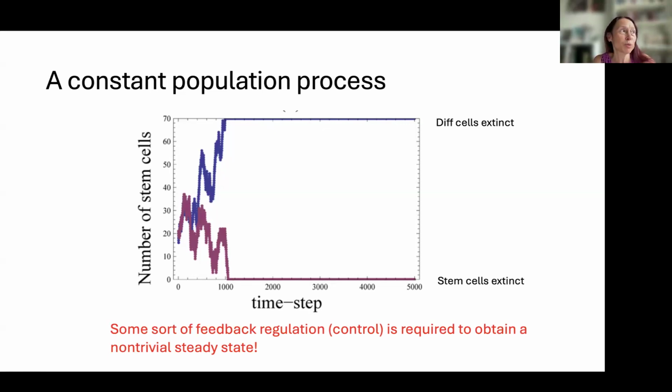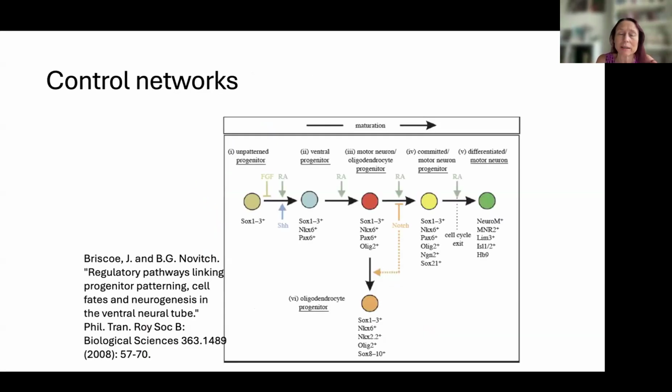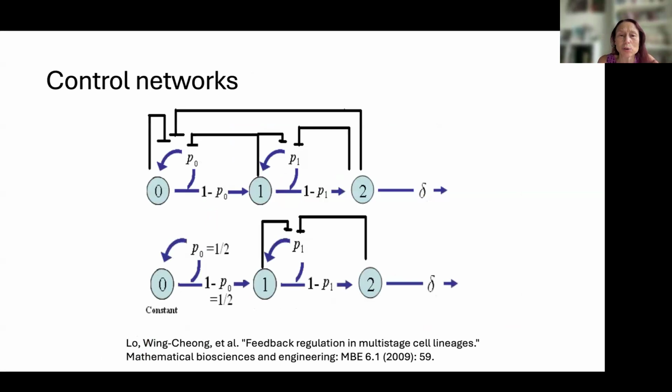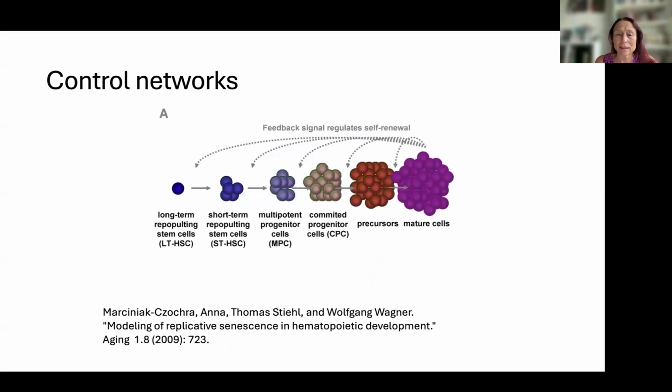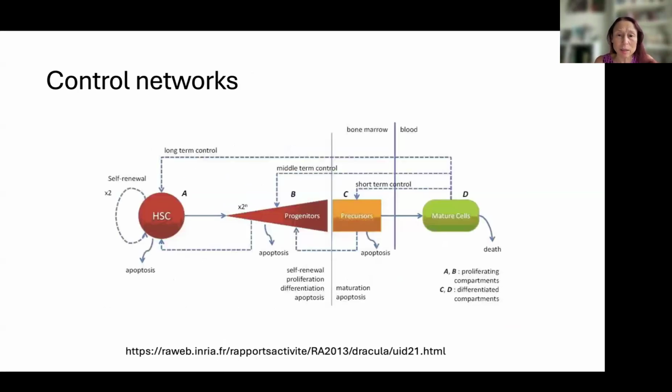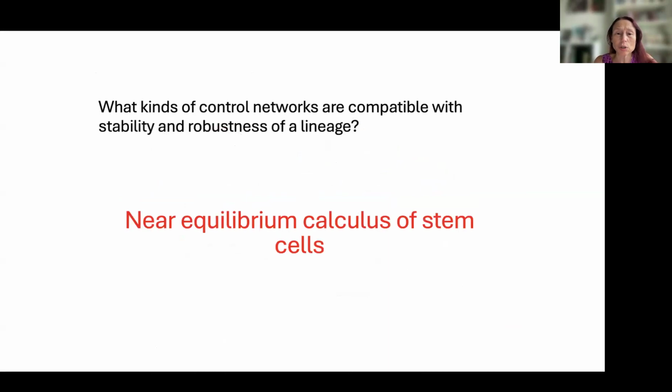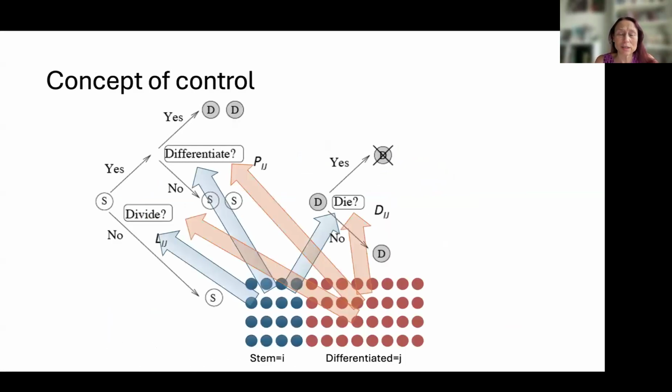They need information from their environment to know when to stop dividing. Many control networks have been envisaged by theoreticians and experimental biologists. Most of them are still not known. So we figured out that there is a kind of general theory in the absence of detailed knowledge on how these things communicate with each other, how they control each other. We can still say something about the structure and organization of stem cell lineages.